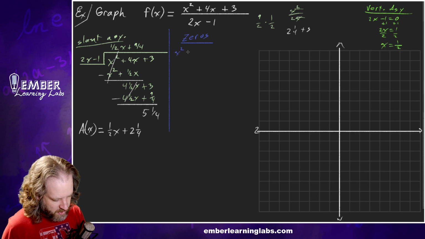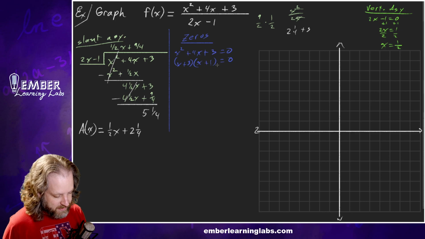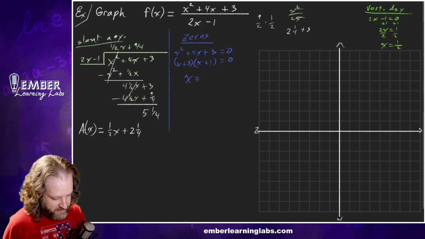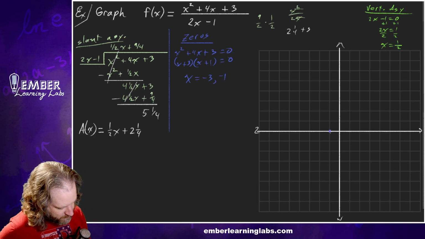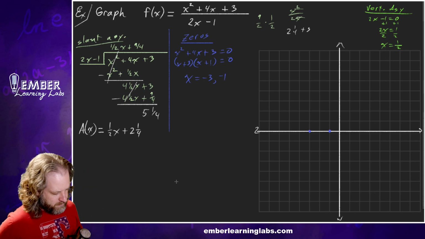So x squared plus 4x plus 3 equals 0. 2 sets of parentheses, x, 3 and 1. 3 plus 1 is 4. Positive times positive, it works. So when we separate this out, it's going to be x equals -3 and -1, right? So we have zeros at -1 and -3, right? So there's our zeros.